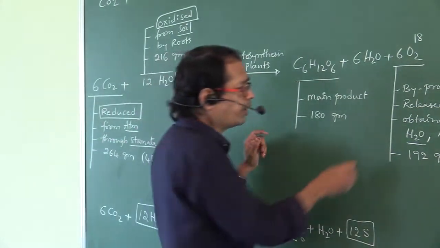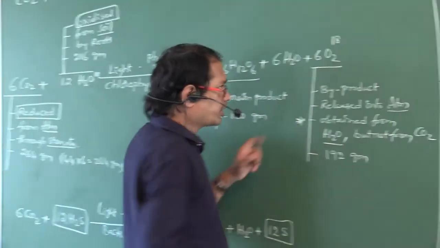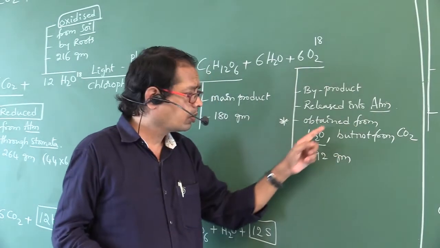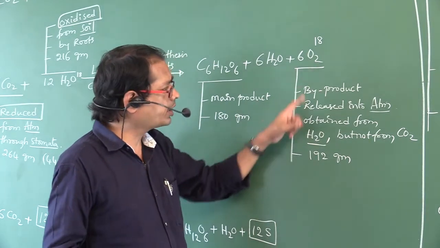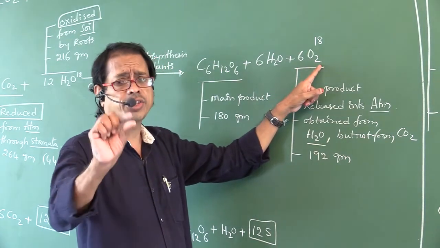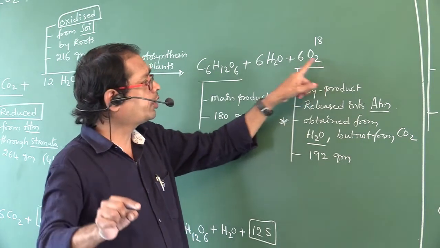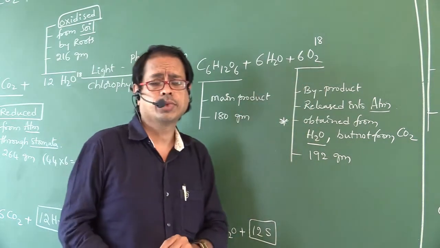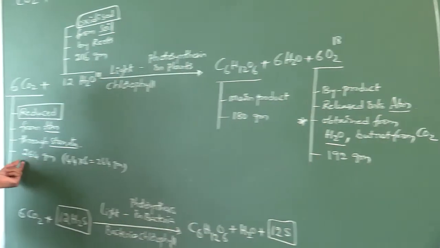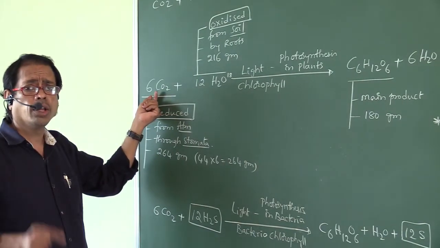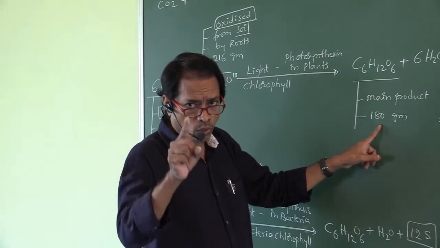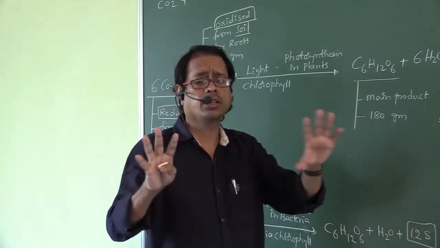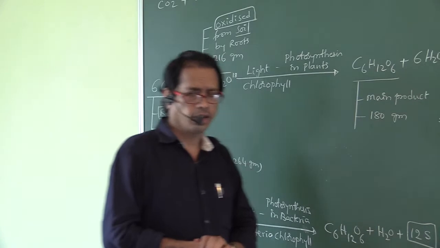That is also a very, very important point. Molecular weight of O2 is 16 plus 16, 32, 32 into 6, 192. So when 264 grams of CO2 is fixed, how much glucose will be formed? 180 grams of glucose. Like this we have to take in numericals, right?